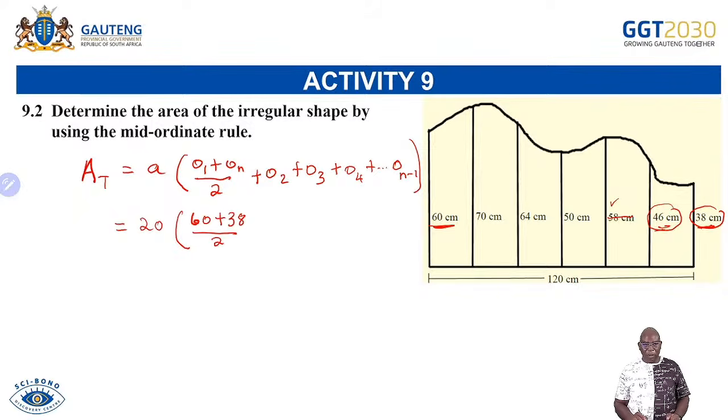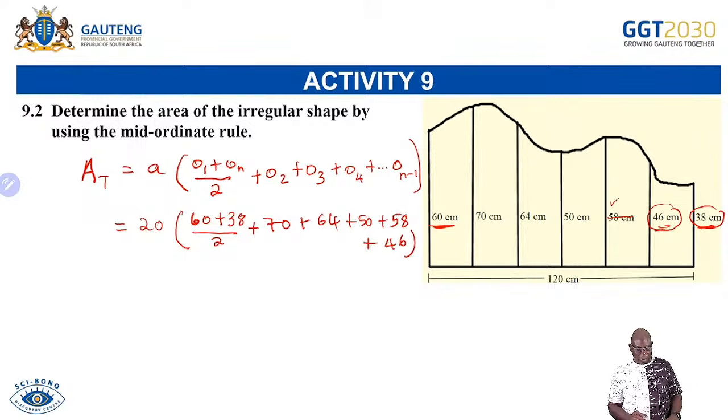We see mostly you write down this formula, and from there you write down the substitution for another formula, o1 plus o2. Then o2 is going to be 70. Then we have o3, which is 64 plus 50 plus 58 plus 46.